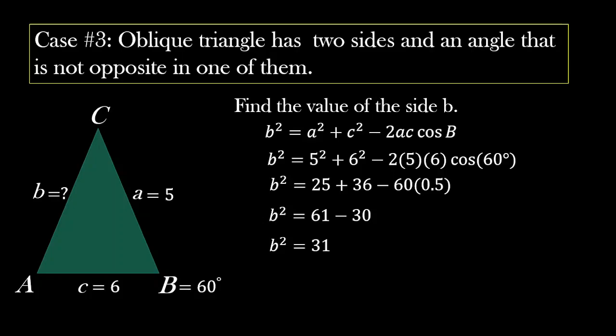Simplify the equation. It gives us b squared is equal to 61 minus 30. Subtract 61 and 30. Now we have b squared is equal to 31. Get the square root of both sides of the equation, giving us the result of b is equal to 5.568. We can solve the remaining missing values using the formulas of the law of sines.